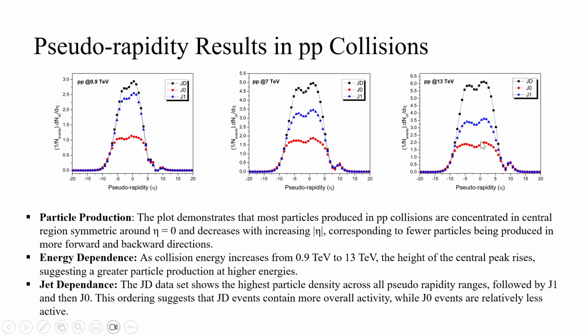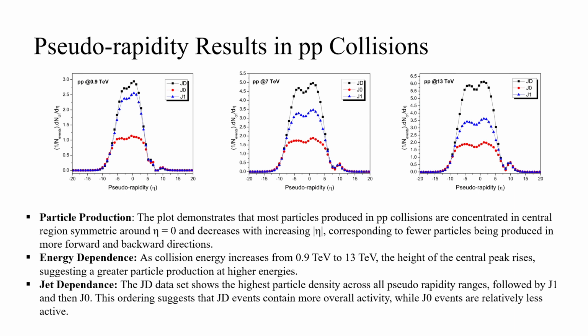So it remains constant for all three different energies. The JD distribution shows the highest particle density, meaning when you set your jet as on, you get the maximum particle density.